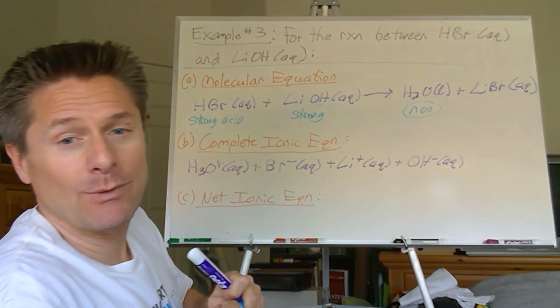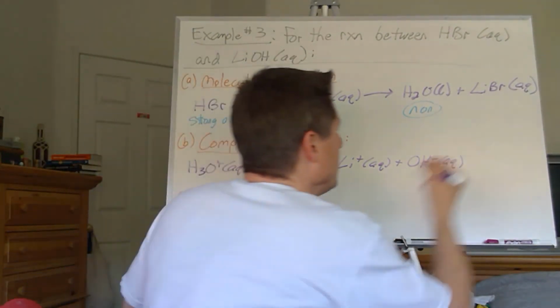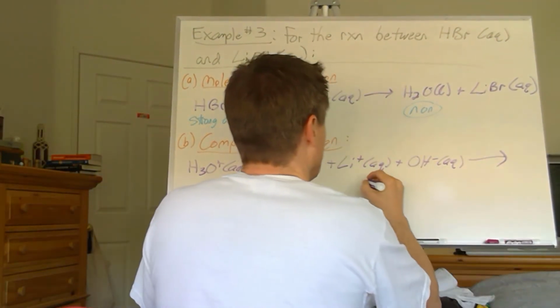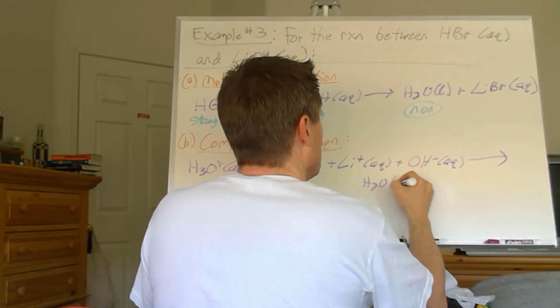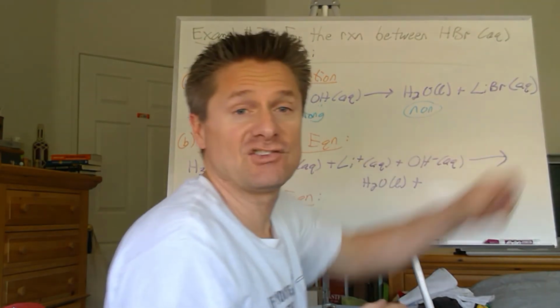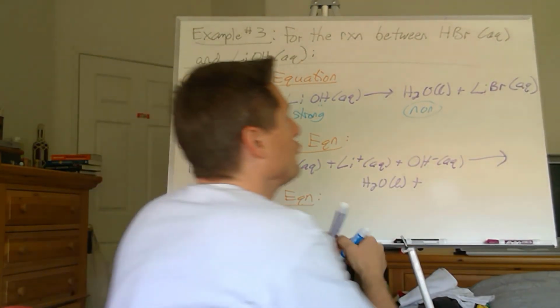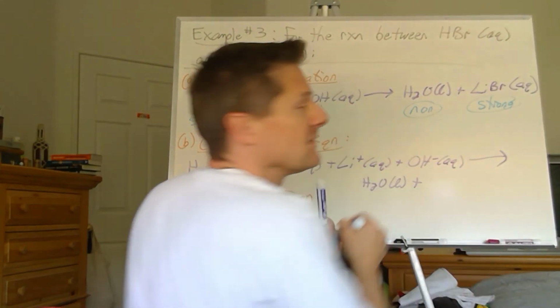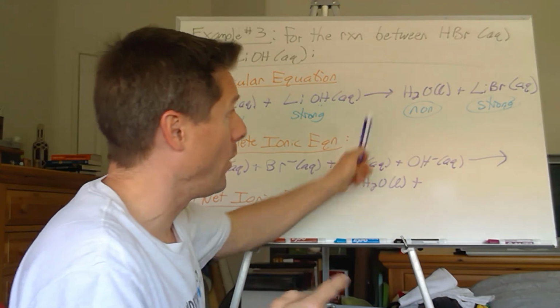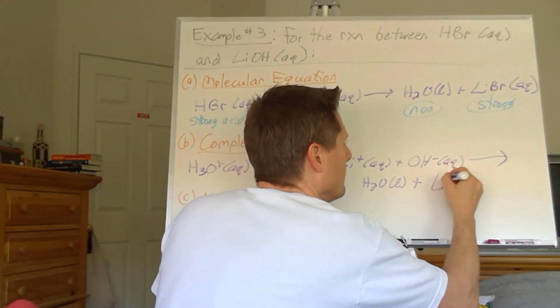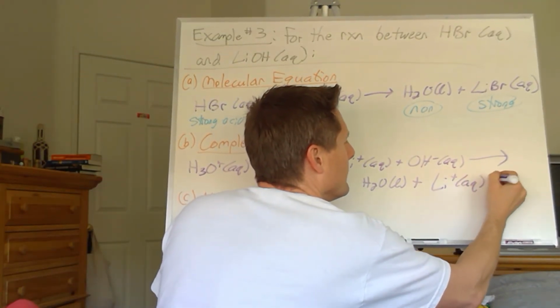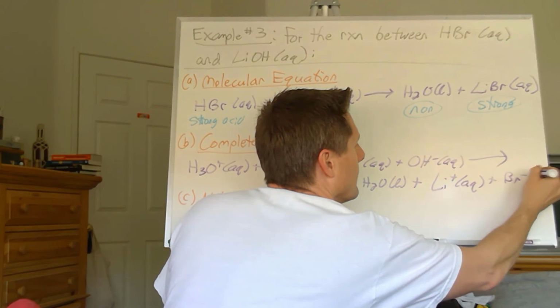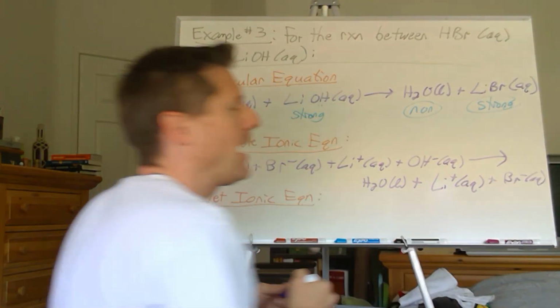Anything that's a liquid, gas, or solid, we don't split. So we're going to get the water. That's a soluble ionic compound. That is a strong electrolyte. So that we're going to split into, we got 1 mole, so we get lithium plus bromide. There you go.